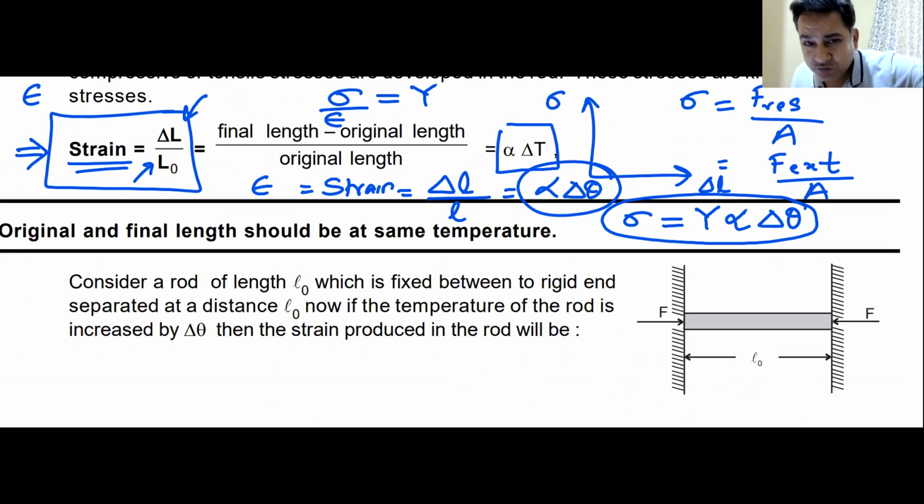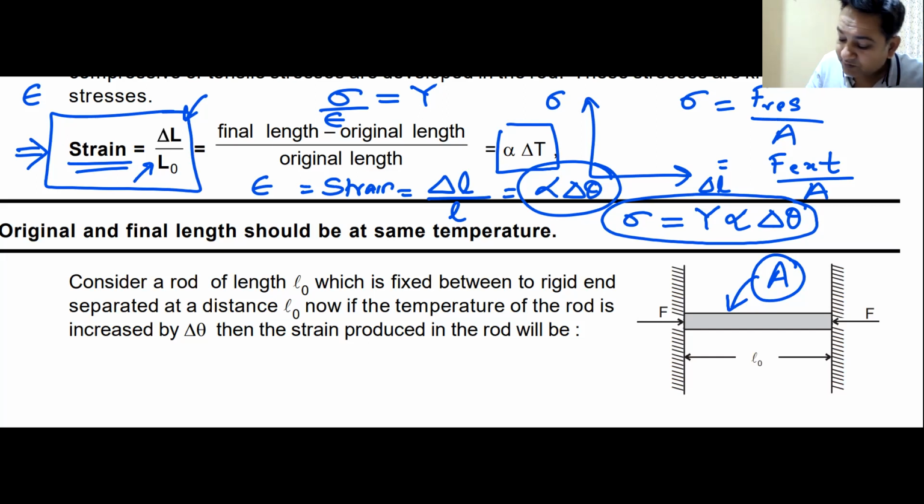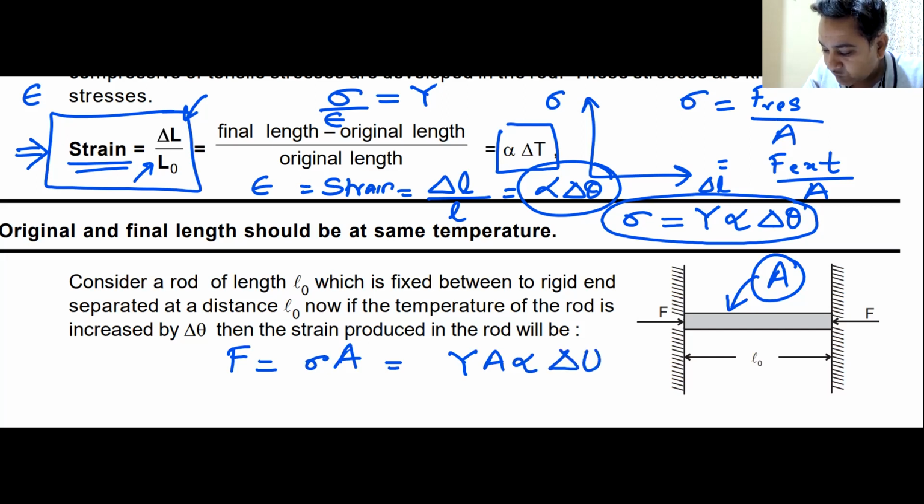Now, to find out the force developed in this rod, they will give you the area of cross section of this rod as A. The rod will be clamped like this. They would give you the area of the rod. From this area of the rod, you can find out the force which is applied on this rod, and the force applied on this rod will be sigma stress multiplied by area, and that will be equal to Y A alpha delta theta. Do we understand this?